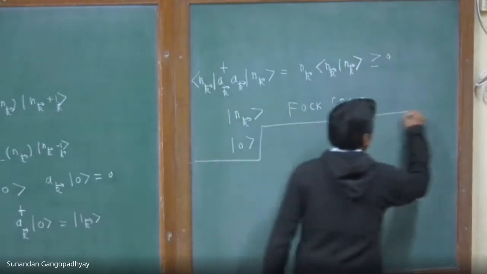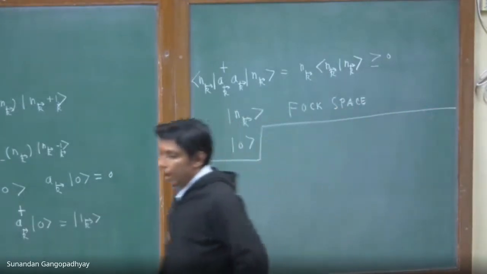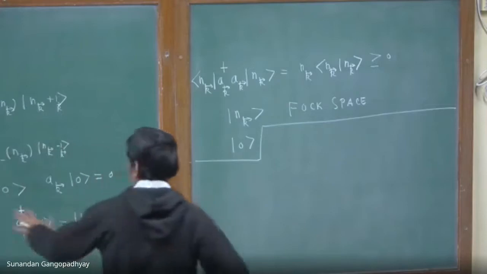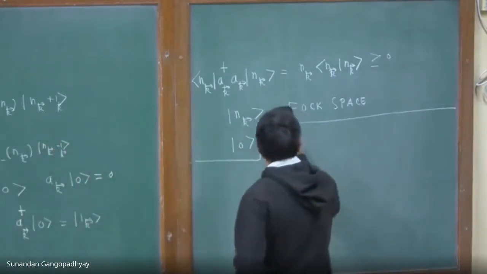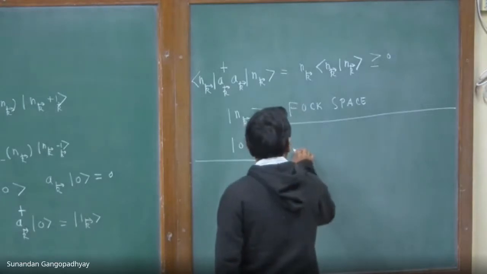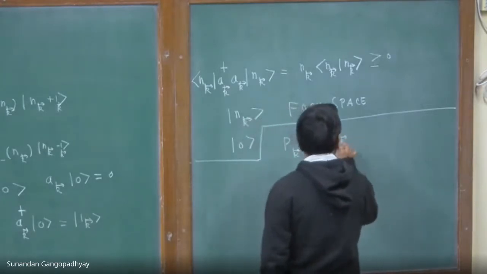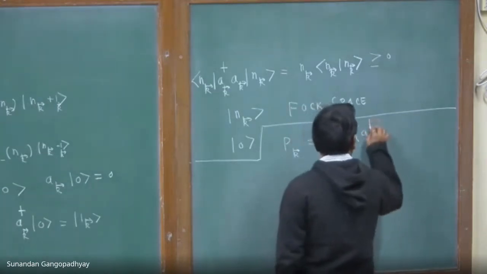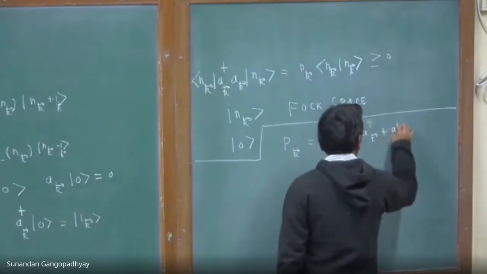You can actually check one more thing. Since you have the expression for the Hamiltonian operator that we have already derived in the previous lecture, you can now define some operators like this. p_k hat is equal to omega_k by 2 square root, a_k plus a dagger_k.